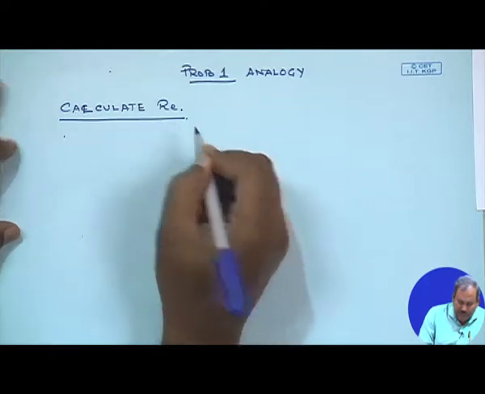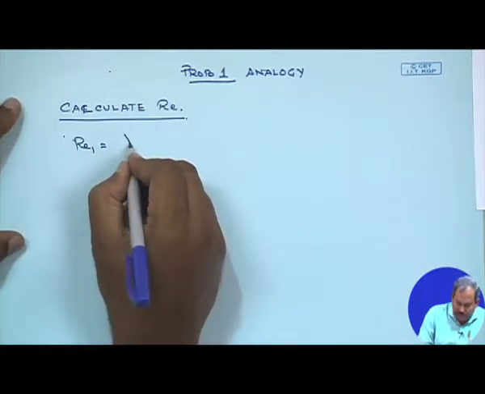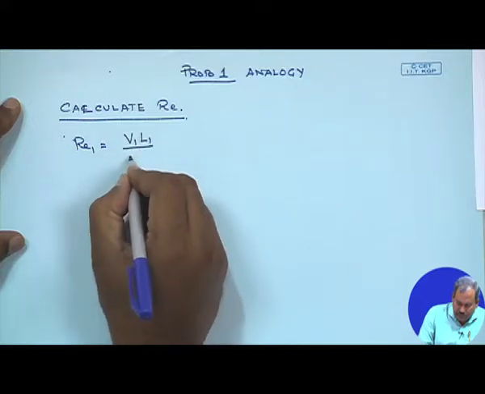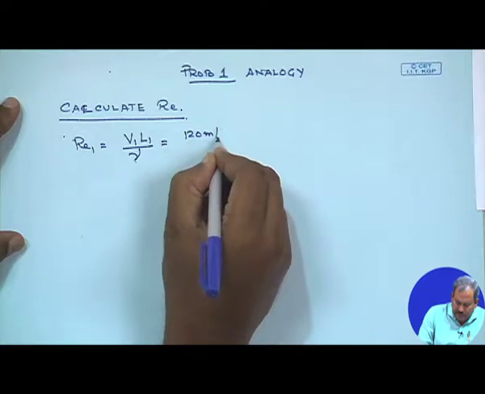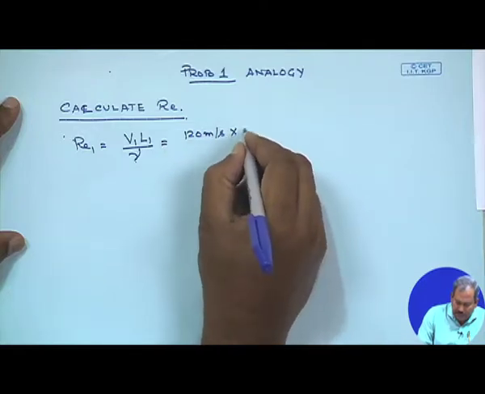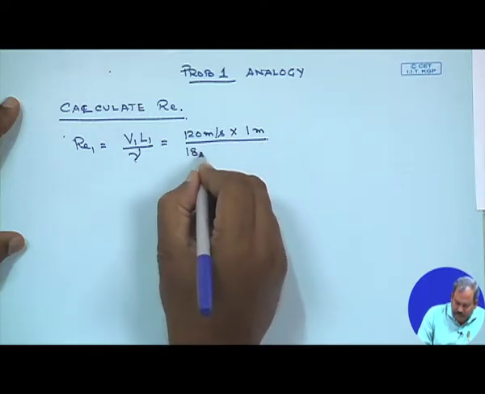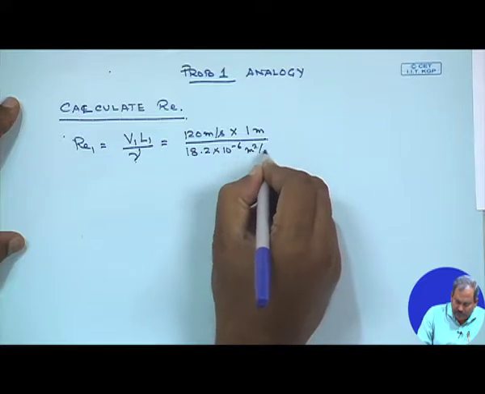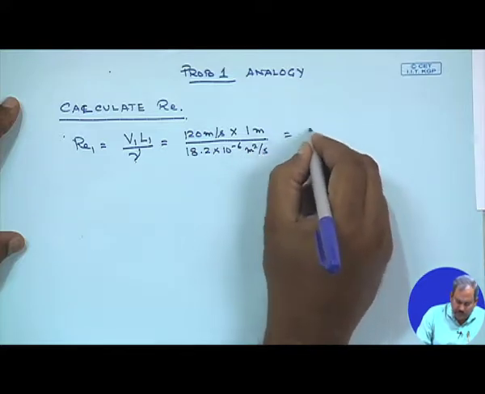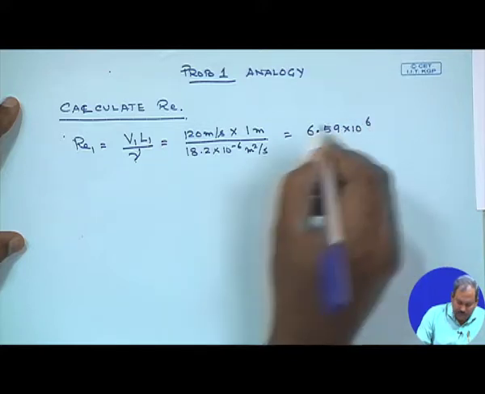The first step is to calculate the Reynolds number. So, what is the Reynolds number for the case of 1? It is velocity, 120 meter per second, where we have the heat transfer taking place, 1 meter is the length, divided by the kinematic viscosity nu, which has been provided in the problem to be this much in meter square per second. So, it is 6.59 into 10 to the power 6.